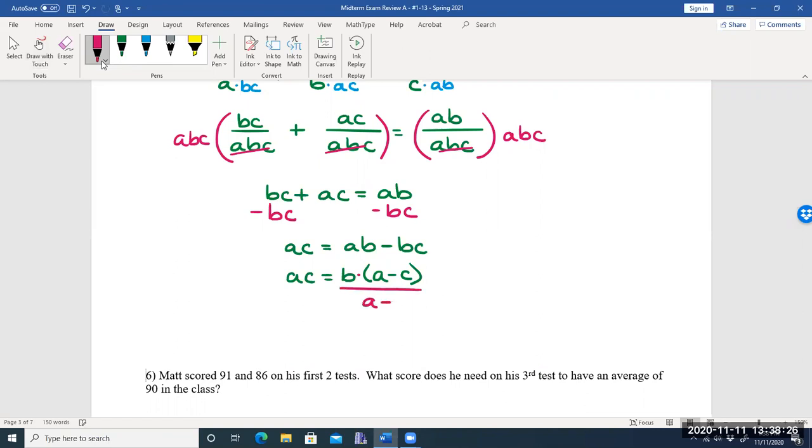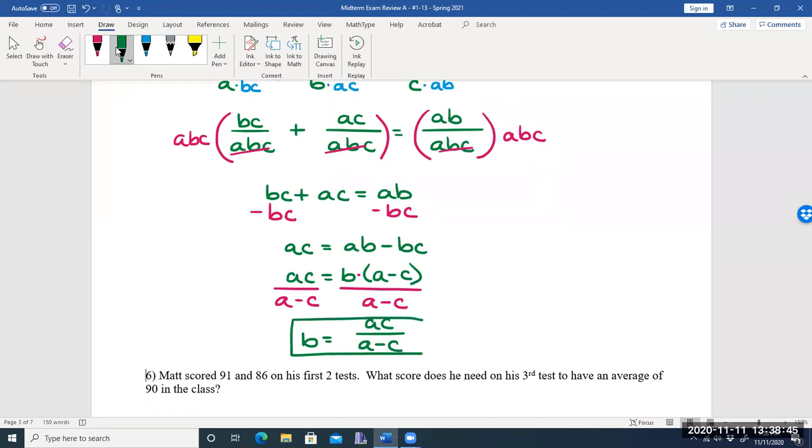So the inverse operation, which would be division, will isolate our B. And so B is equal to A times C over A minus C.